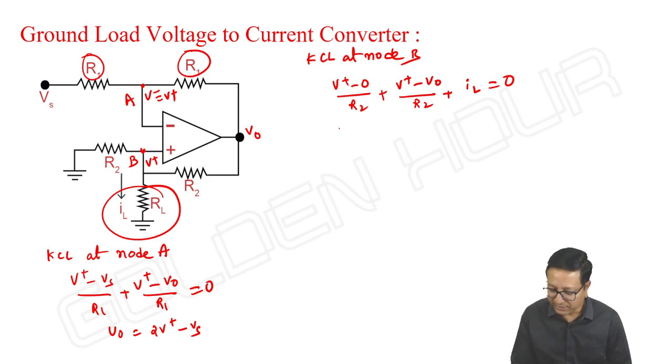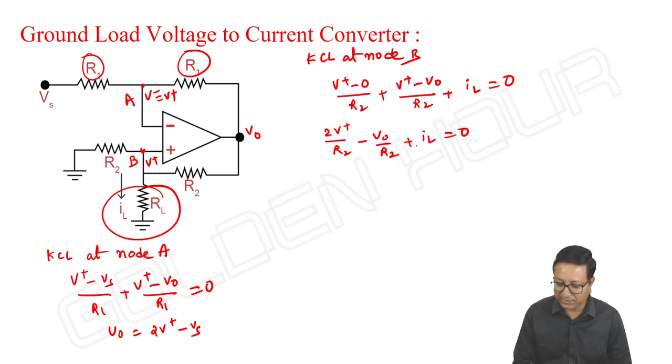So then V plus by R2, V plus by R2, that is 2V plus by R2 minus V output by R2 plus IL is equal to 0. What is 2V plus?